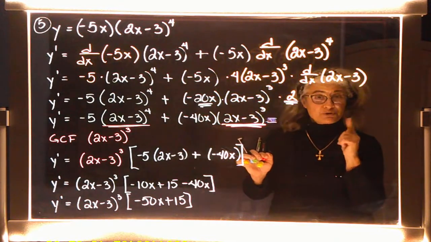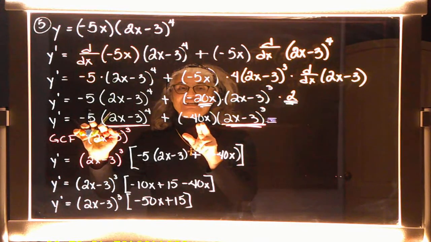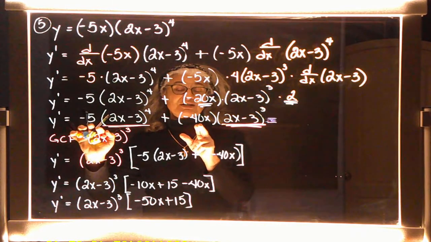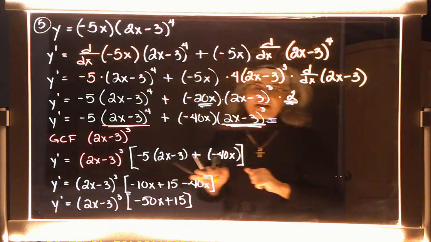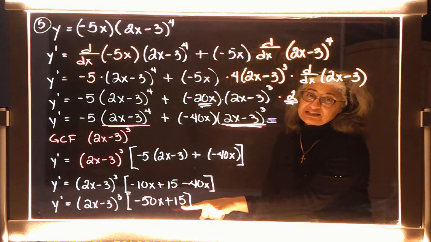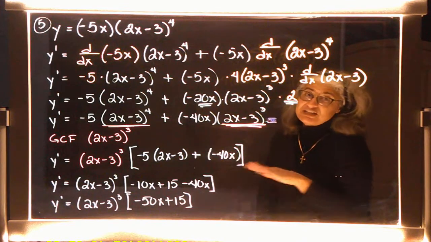Had I paid closer attention, I would have noticed that out of the negative 5 and out of the negative 40x, I could have factored out a negative 5. But I didn't pay as close attention as I could have. But that's okay, because right here, I'm noticing that I can factor out a negative 5. So whether I notice it up here or down here, it doesn't matter.